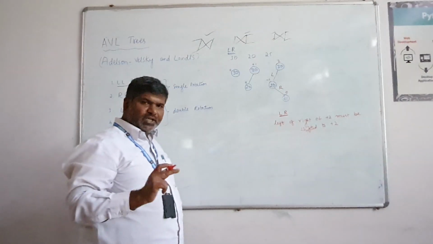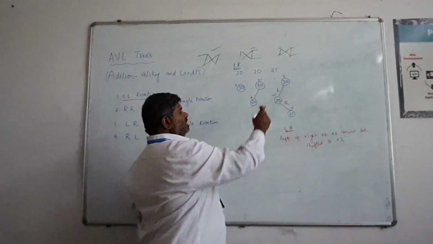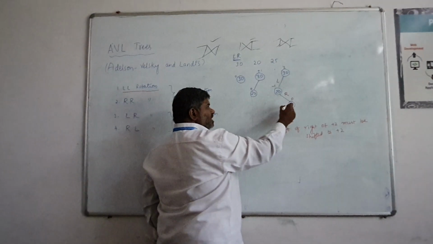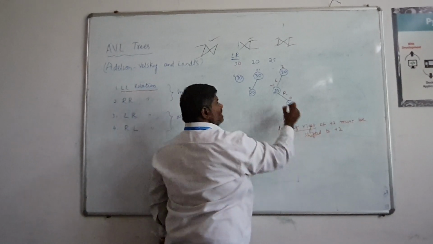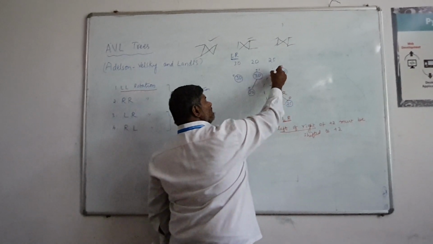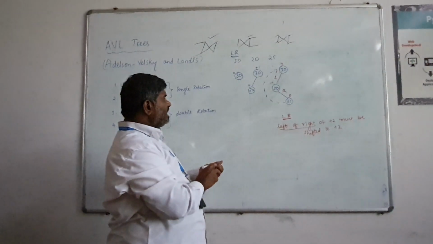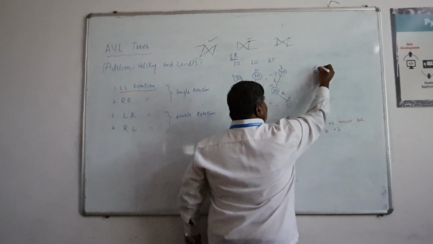Meaning, plus 2 is left of right, which is the element? 25. So left of right is 25. That is, 25 should be shifted to root. Now in this case 25 becomes the root element.